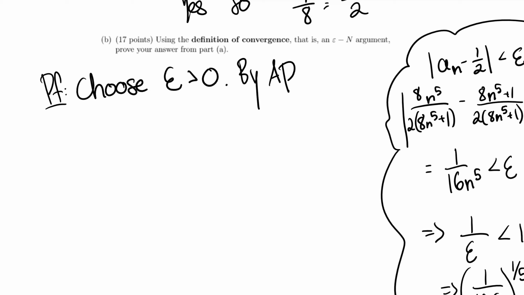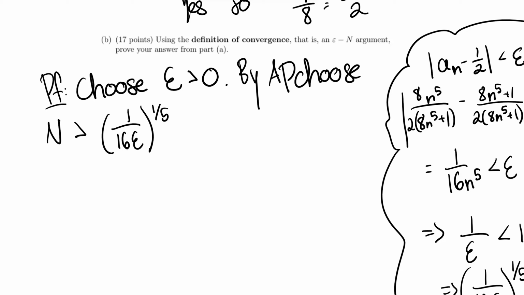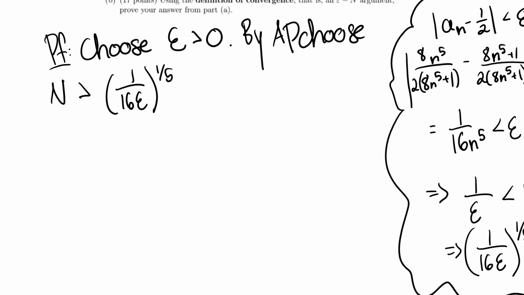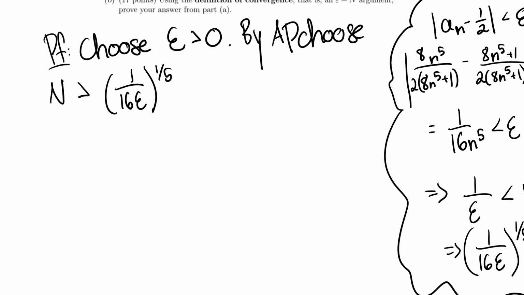By the Archimedean Property, choose capital N bigger than 1 over 16 epsilon to the 1/5. Okay, all right, so remember this is going to go in steps.